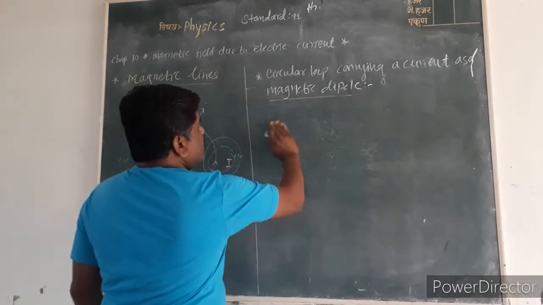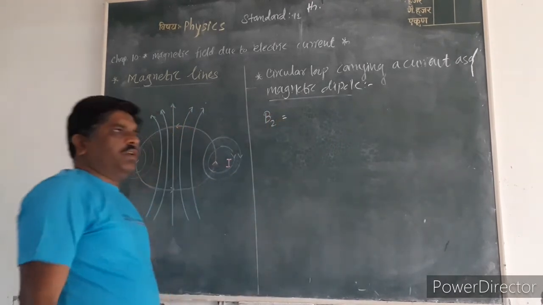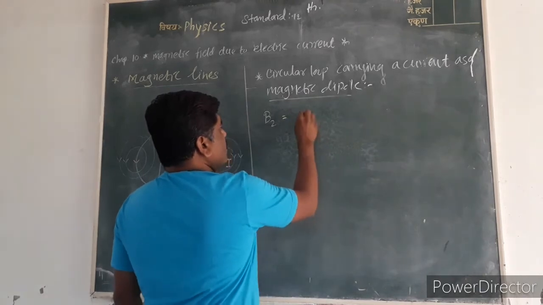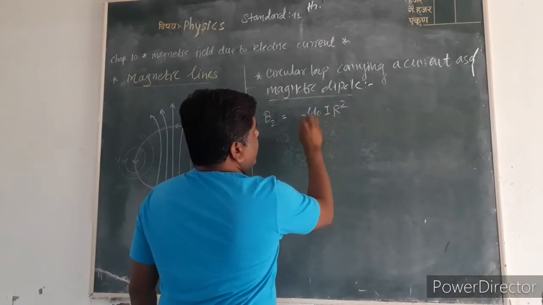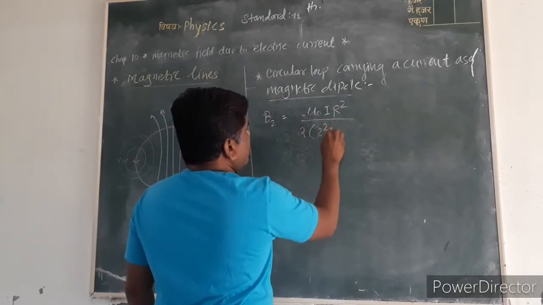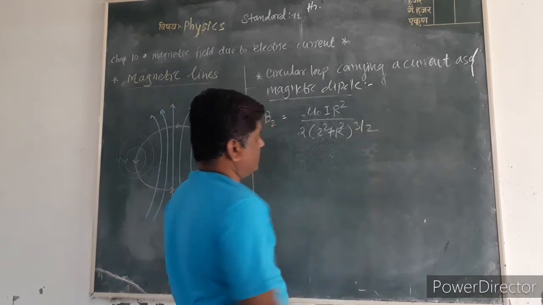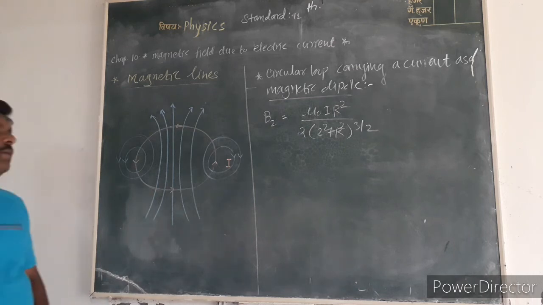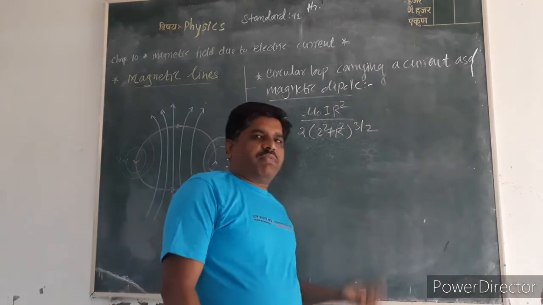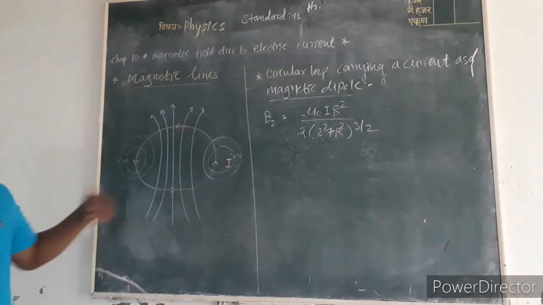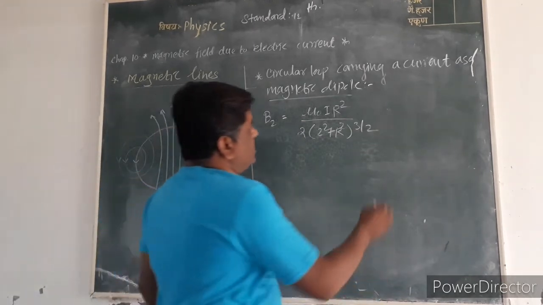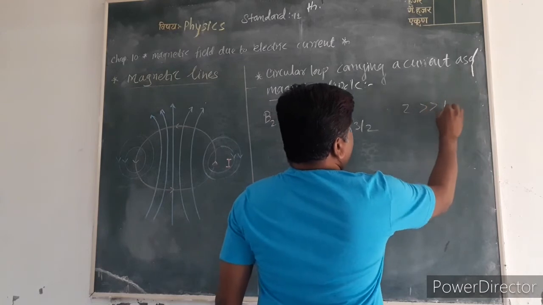Also, in the previous lecture we calculated the equation Bz is equal to mu 0 I r square divided by 2 into (z square plus r square) raised to 3/2. In the figure from the previous lecture we see the x axis, y axis, z axis, the circular coil, and point P along the z axis, and this distance z is very much greater than r.